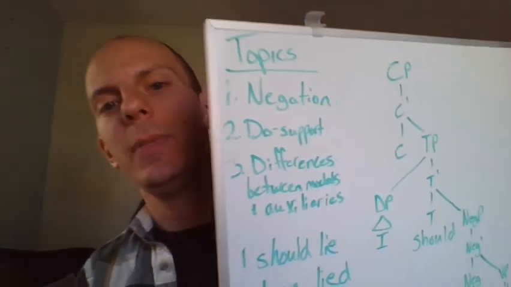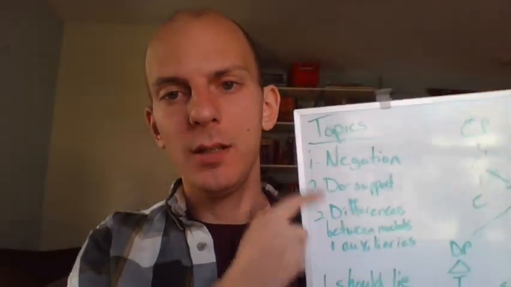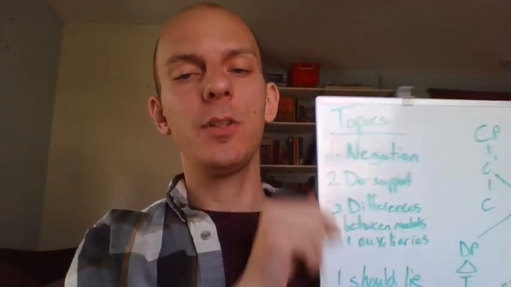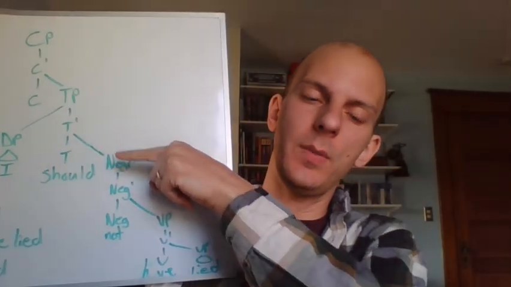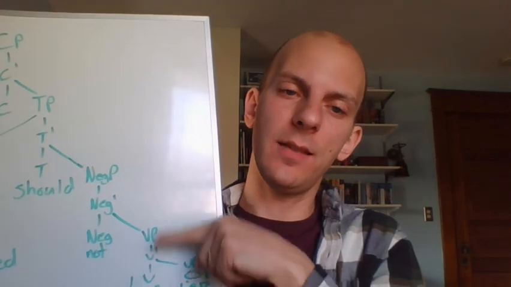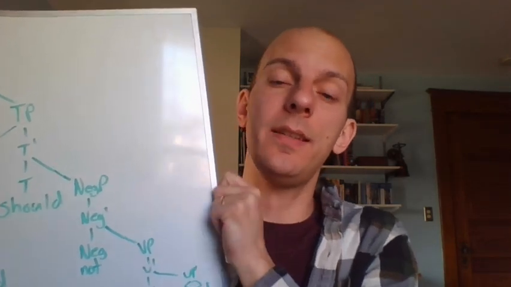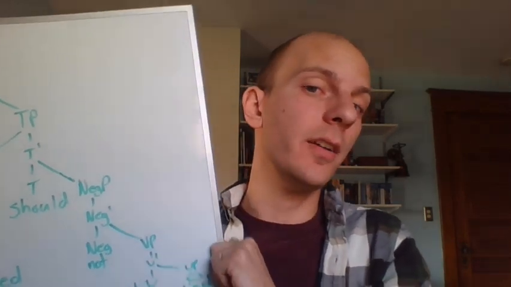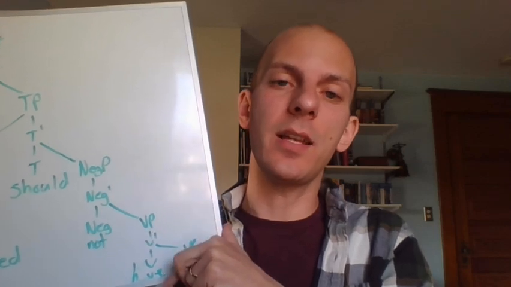All right. So that wraps up our talk on negation, right? So let's look at our topics and do a quick summary here. We talked about negation and how to draw negation into our trees. We put it in between the T level stuff and the V level stuff, and it gets its own major phrase. It's not a modifier of the VP like an adverb would be.